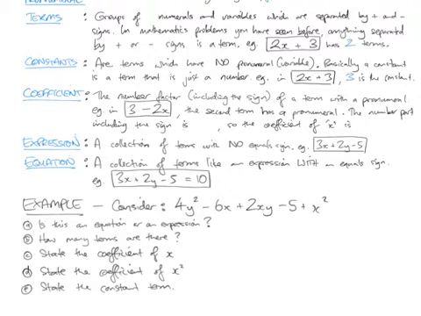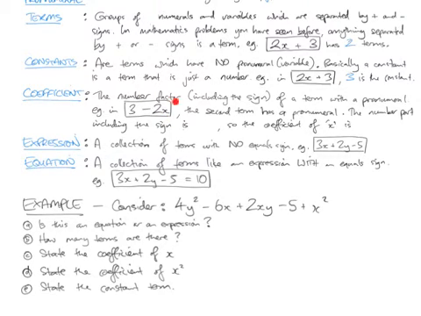The next thing to understand is coefficients. The coefficient is the number factor, which includes the sign, of a term that has a pronumeral or a variable in it. For example, in this expression here, 3 take 2x, the second term has a pronumeral in it. It's got x there.